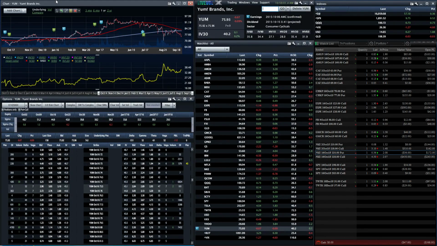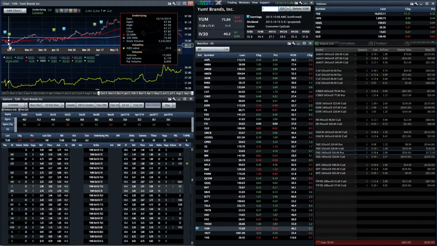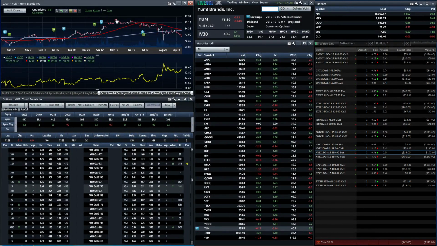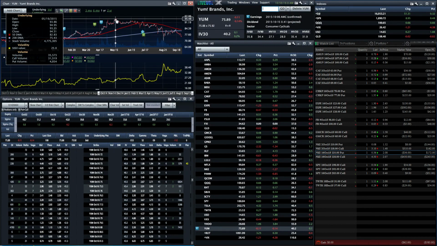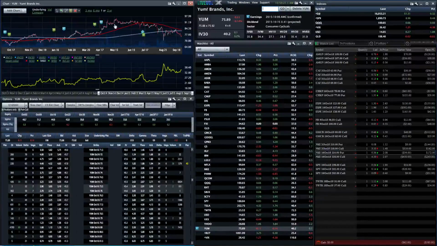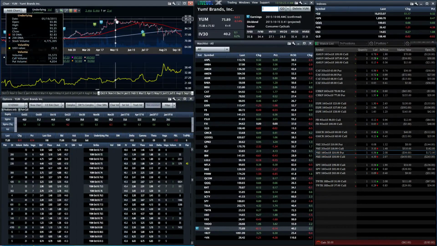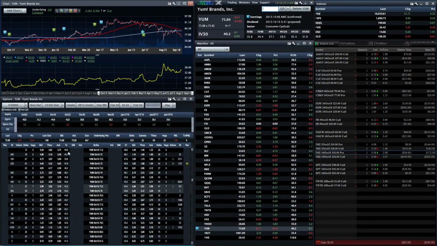Not this 43 to 109, which we never saw, but 57 to 95. If we go back here, here's our 1-year chart. We see a low of 66, a high of 95. Right on target with almost how this has traded over the last year.